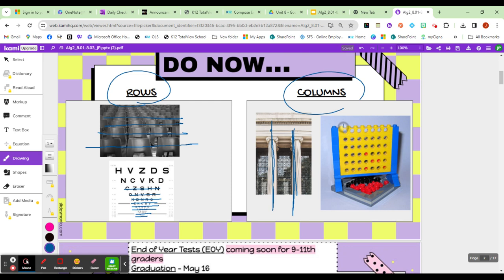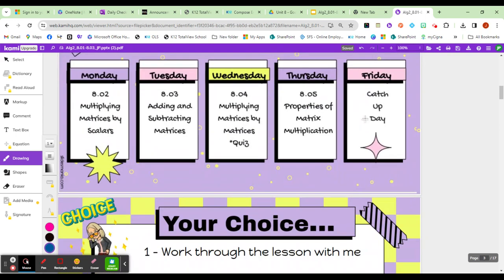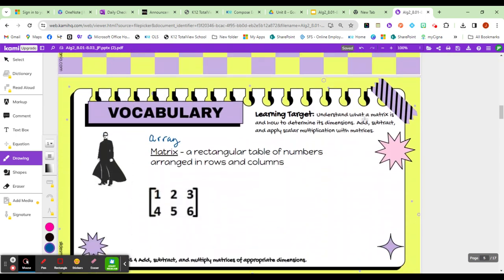But if we're only thinking about columns, we're lining up those checker circle things to win Connect 4, lining them up and down in our columns. So rows go left and right, columns go up and down. Sometimes I have to take my hand and go left to right.